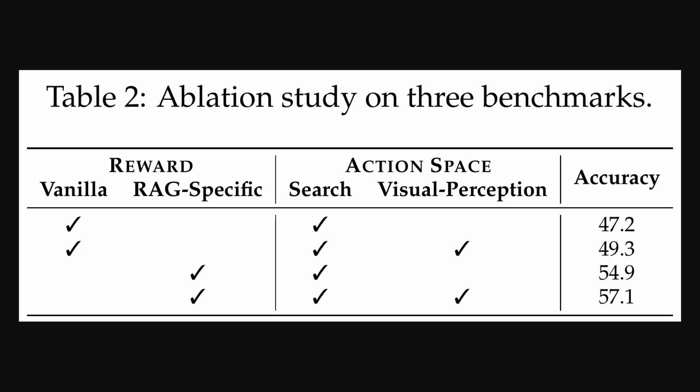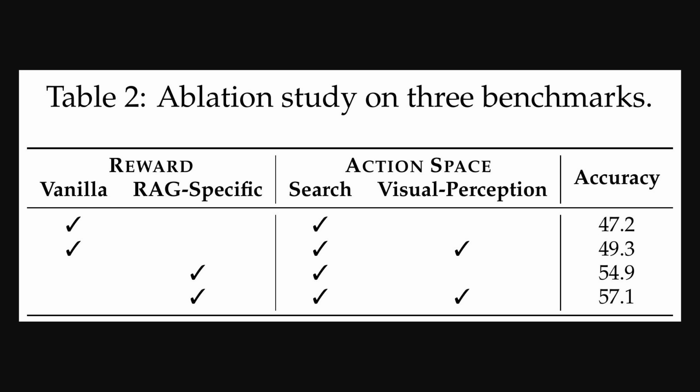So we've seen that VRAG-RL outperforms other methods, but this next table helps us understand why. It's an ablation study, which is where you take a model apart piece by piece to see how much each component actually contributes. If we look at the results, removing the special RAG-specific reward causes the accuracy to drop from 57.1% all the way down to 49.3%.